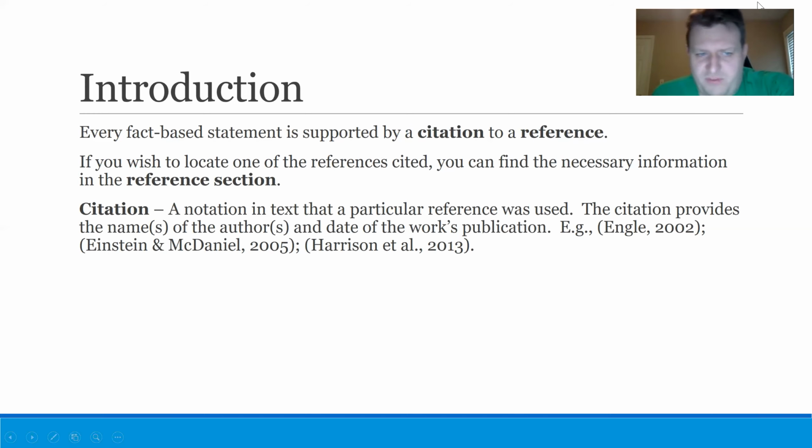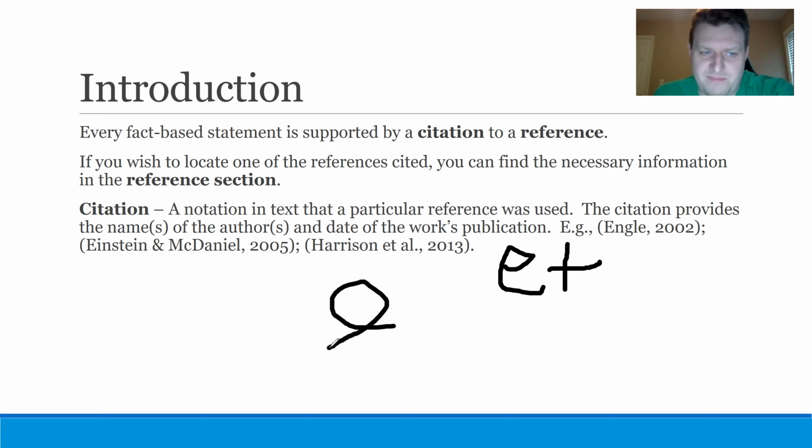Here are some other examples. If we have two authors, we're going to use this funky symbol, which is called an ampersand, which means "and." The reason for this is that in Latin, "and" is "et," and if you combine an E and a T, apparently it looks like this thing.